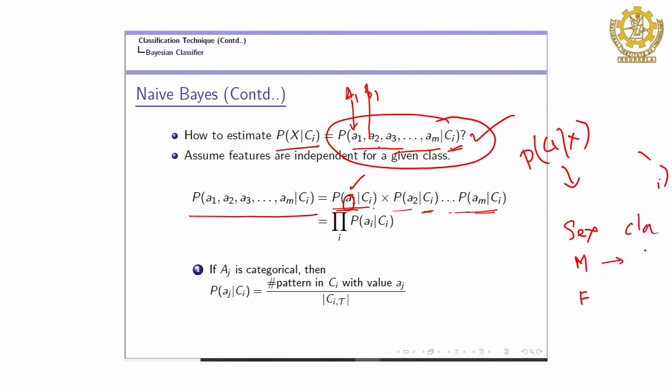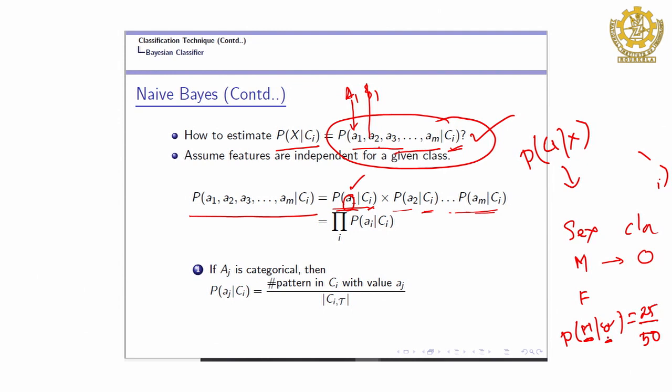Then we count, in class 0, how many are male. So, we are considering the class label here, and then what is the probability of male in class 0? You find how many objects belong to that particular class 0, and let us say this is 50, and then out of these how many persons are male. You count, let us say 25.